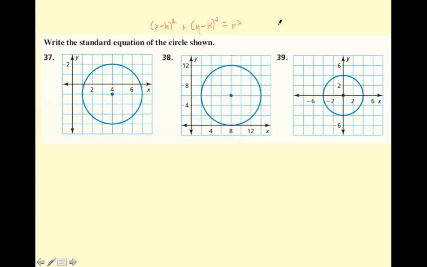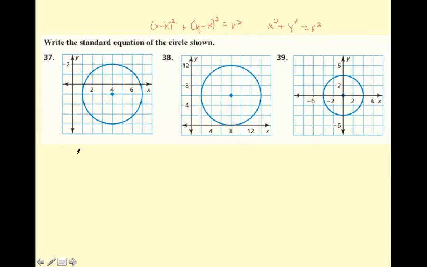We have a shortened version of that. If it's centered at the origin, we just have x squared plus y squared equals r squared. Those are kind of handy when they're that way because you don't have the minus h and minus k.